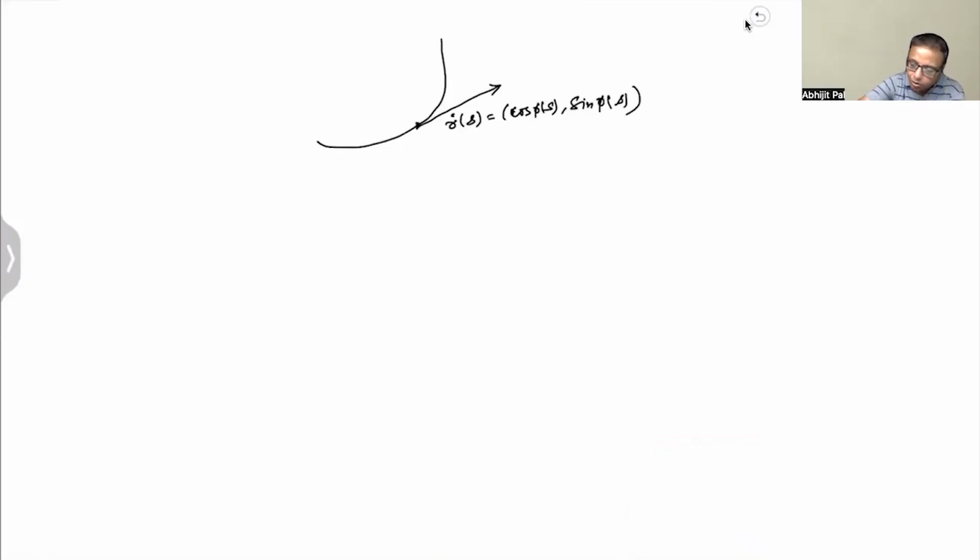The normal to this gamma dot s, let us write it as capital N s, is obtained by rotating this tangent vector by 90 degrees in the anti-clockwise direction.